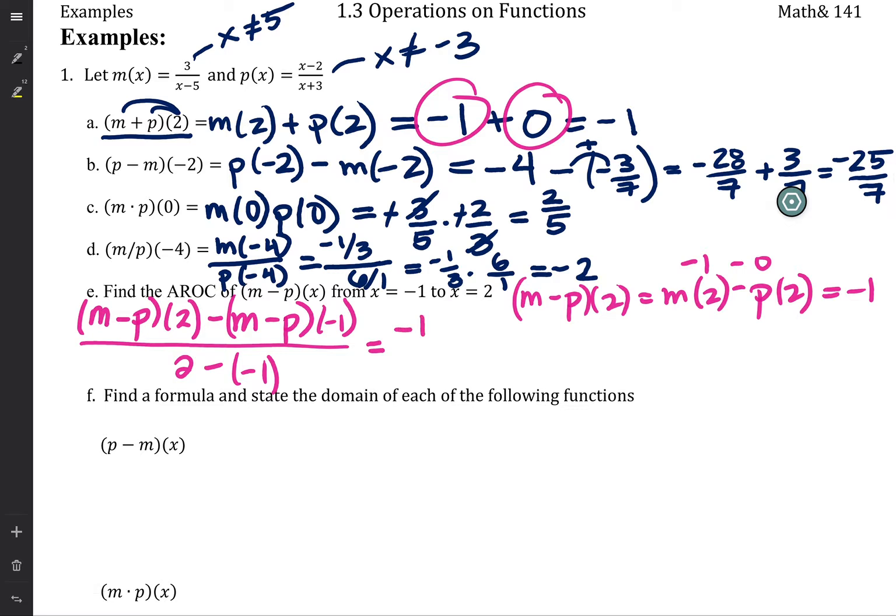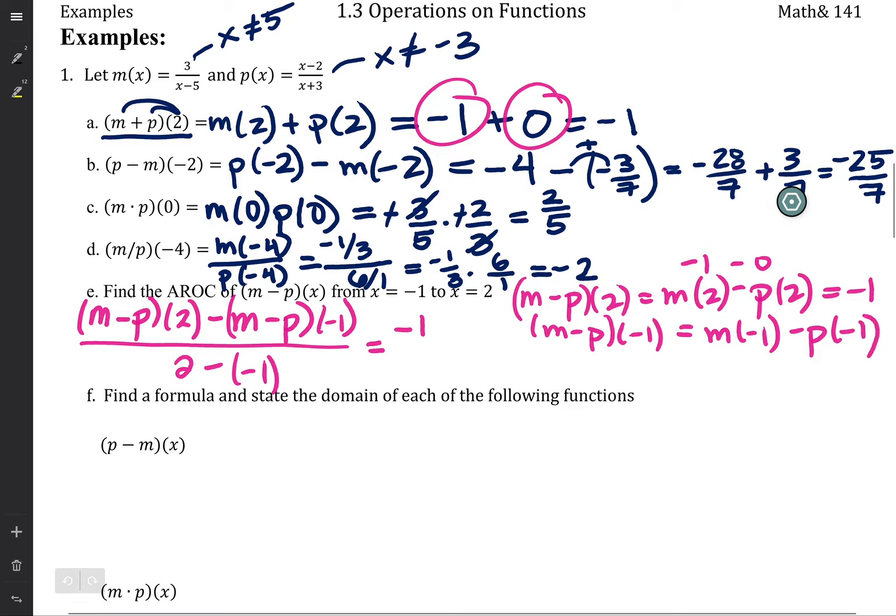I want to do the same thing, but with negative 1 being my input. So now I want m minus p of negative 1. That's m of negative 1 minus p of negative 1. M of negative 1 is 3 over negative 6, which is negative 1/2.